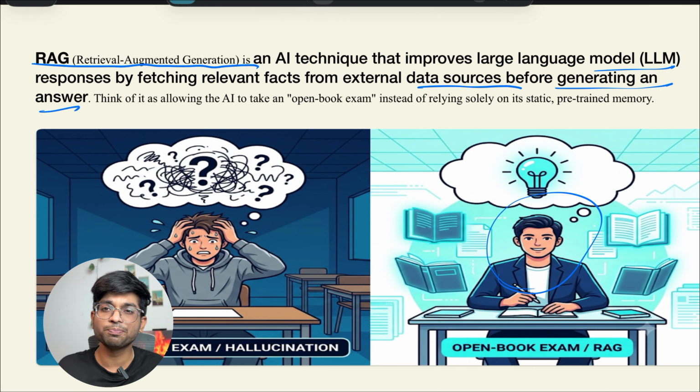What you can do is build a RAG system around the document. In this video, we'll learn how to build a RAG system. I'm just giving you a brief idea of what a RAG system is. This is a proper definition: it is an AI technique which improves the large language model's answer by giving it something like an open book test, by accessing the memories and all.